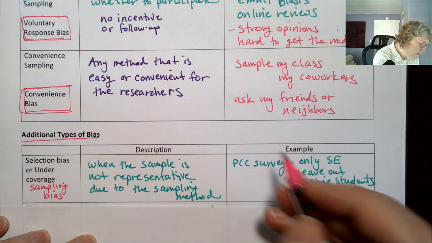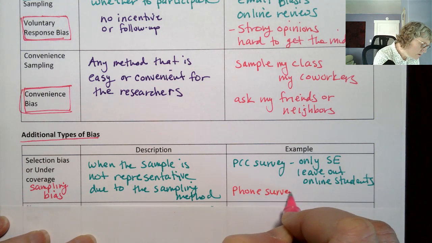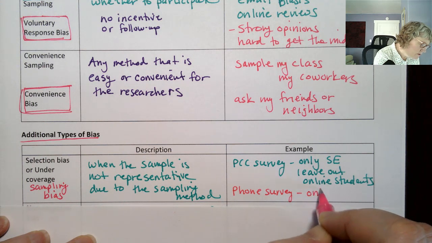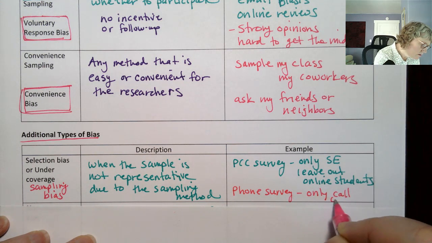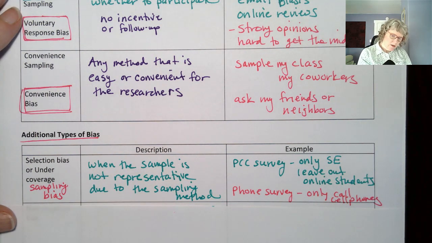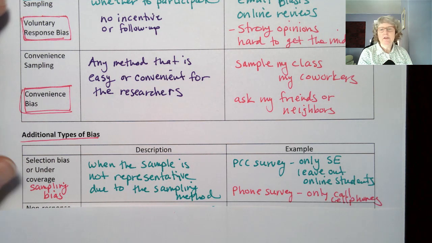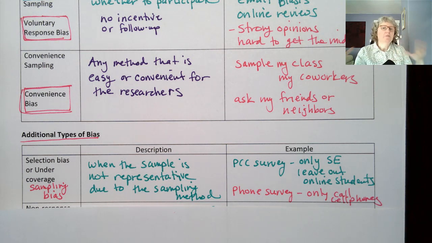Another example, maybe we do a phone survey and we only call cell phones. Okay, or only call landlines. That would be another example of sampling bias or selection bias or undercoverage. I do like the word undercoverage because that has a good explanation of like we're not covering the entire population. So I kind of like that.